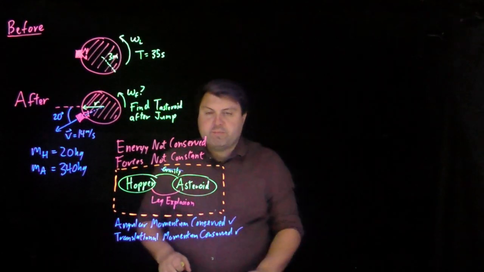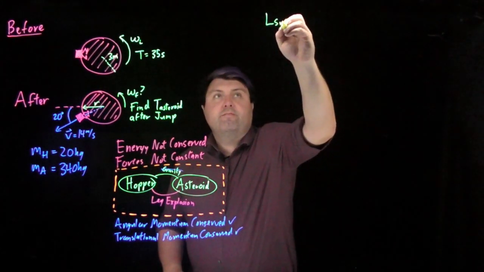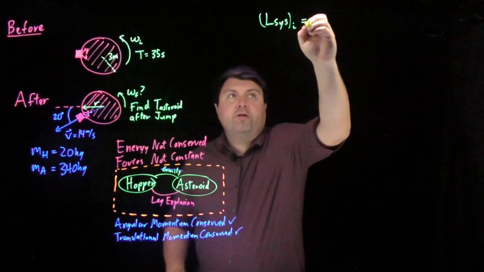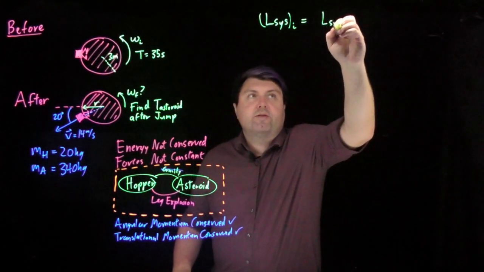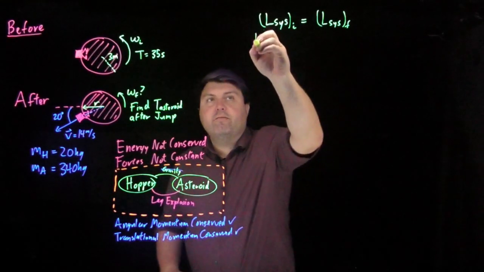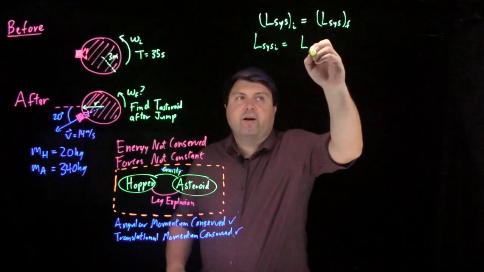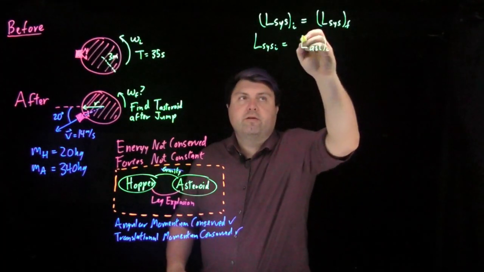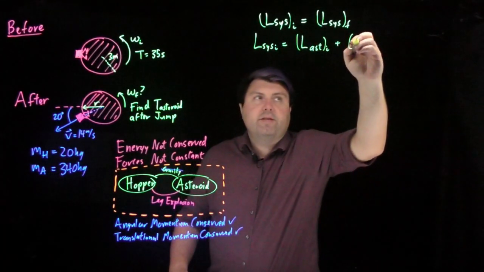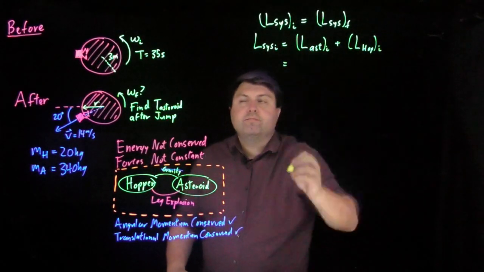So if our angular momentum is conserved, the angular momentum of our system initially is equal to the angular momentum of our system finally. Let's find the angular momentum of our system initially. It's the angular momentum of our asteroid initially, plus the angular momentum of our hopper initially.